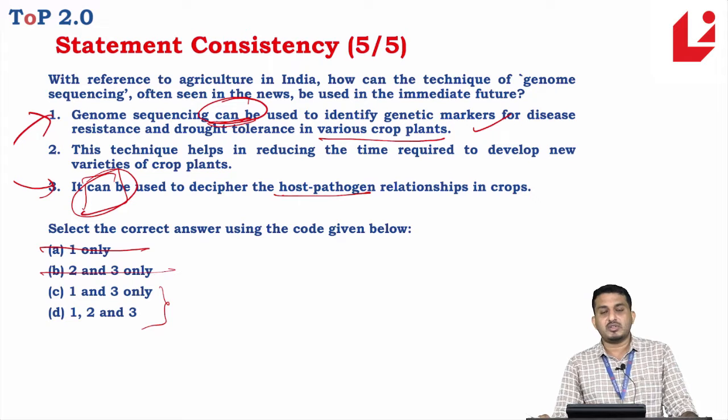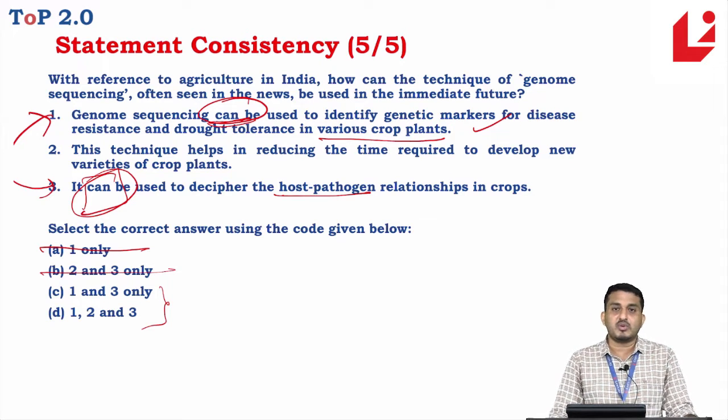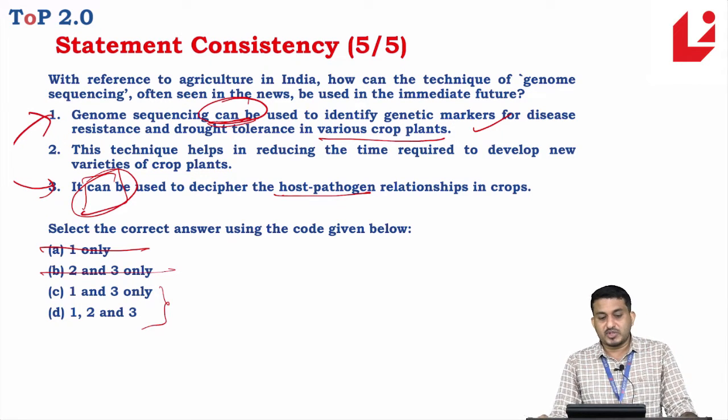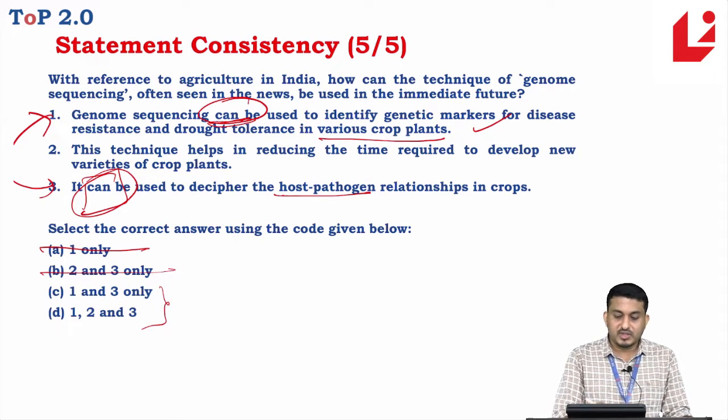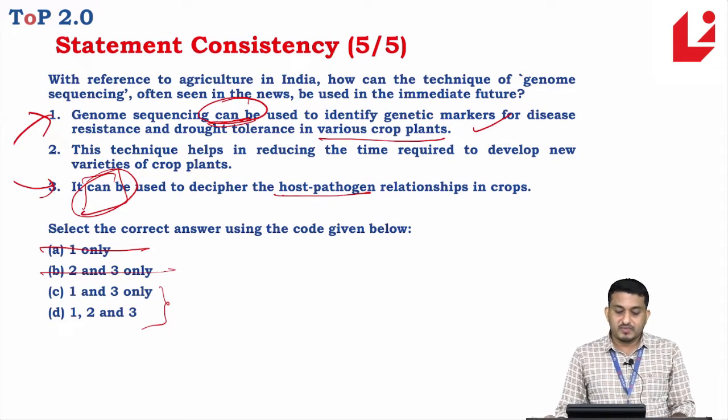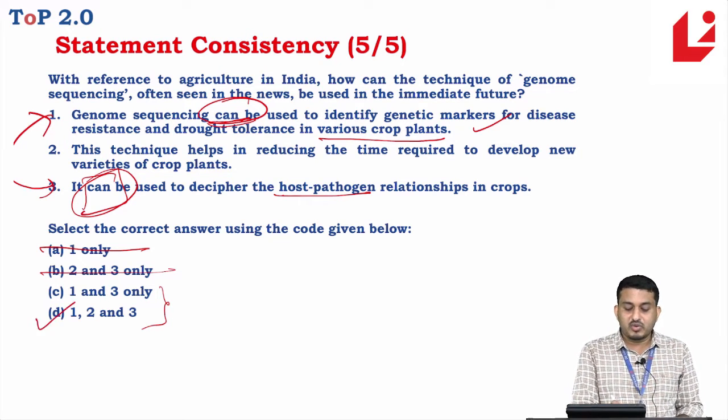Application in science and technology questions has every possibility to make that statement correct. So 1 and 3, either by using possibility enhancer or by using statement consistency. That means if disease resistance is there, host pathogen relationship is also there. And 2 is a very general application. So answer is 1, 2 and 3.